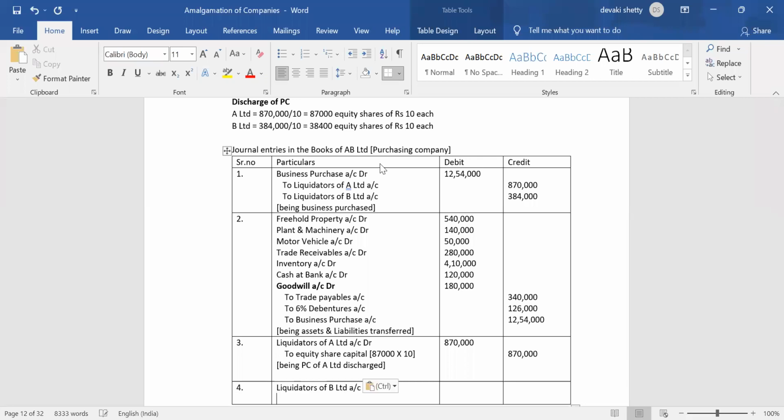So next one is liquidators of B limited जो क्रेडिट में था अभी कैंसिल कर रहे, इनको भी बदले में दे रहे इक्विटी शेयर कैपिटल अकाउंट and number of share is 38,400 into 10. This becomes, this is given.